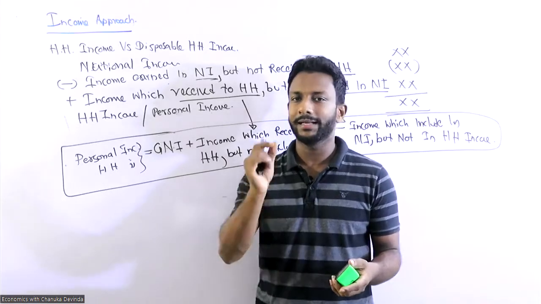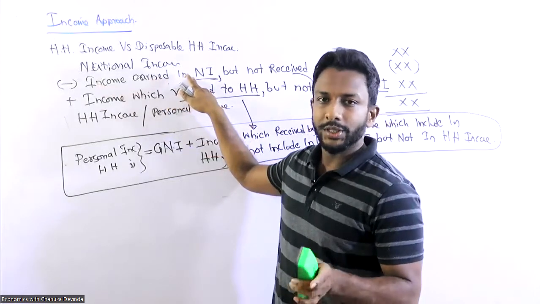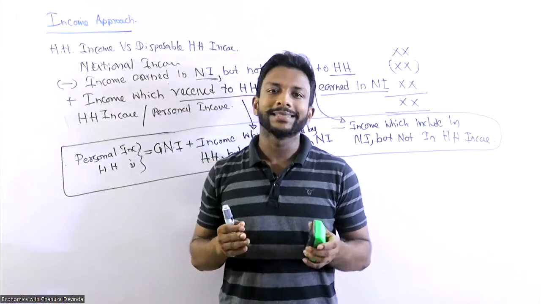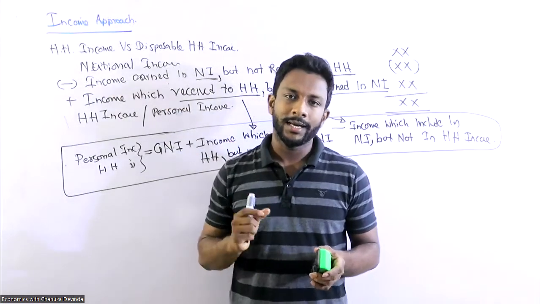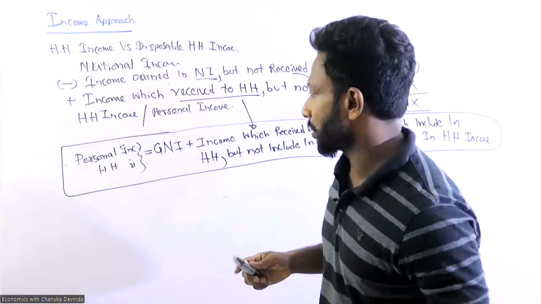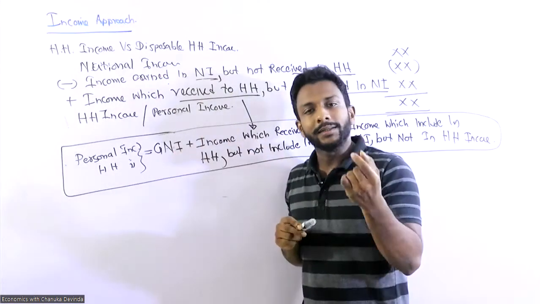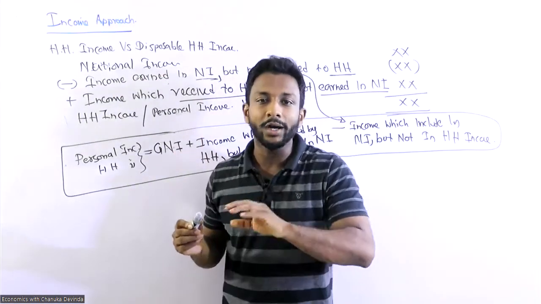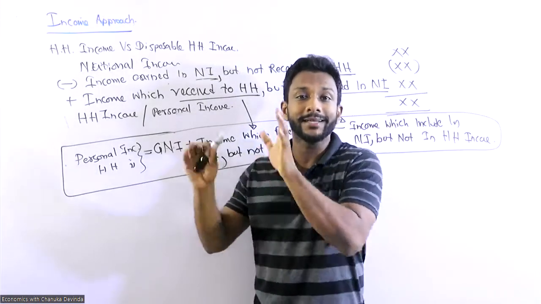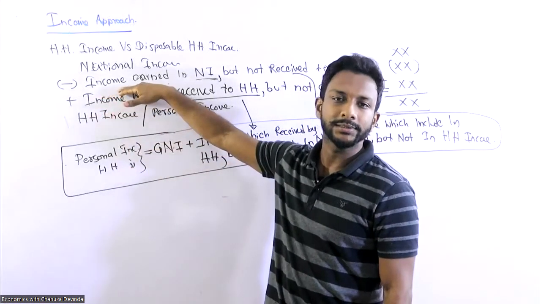What is the example? I'll give you one example. Income earned in national income but not received by household. As an example, retained profit. Retained profit is in national income, but it is not received by household because it is retained in the company. So retained profit must be deducted.